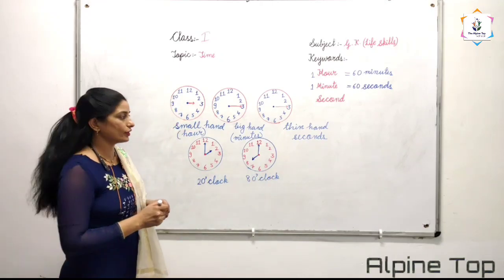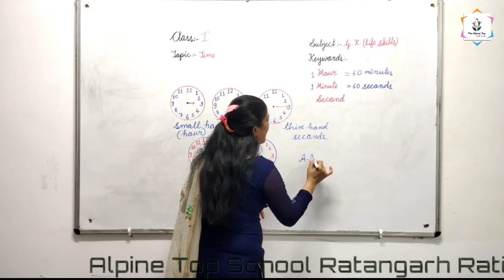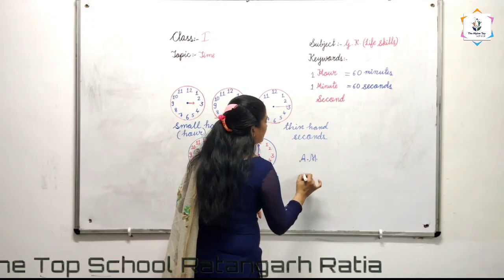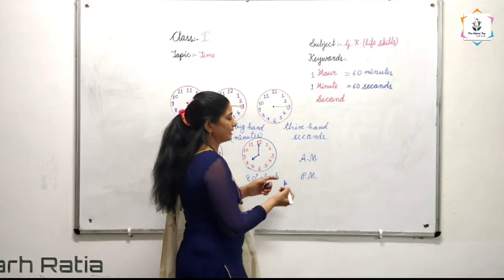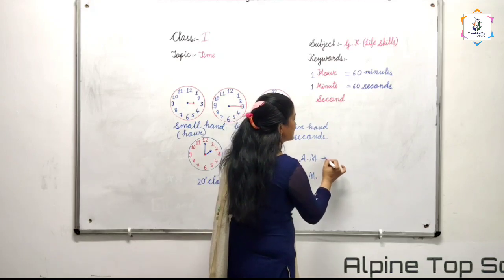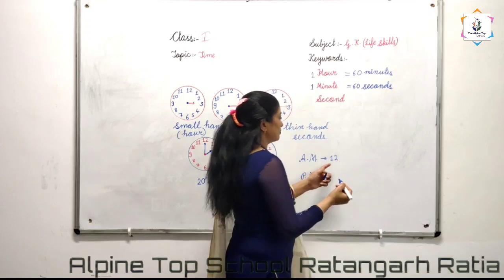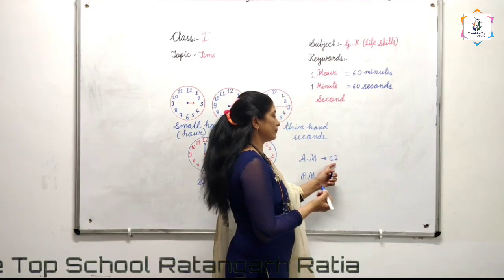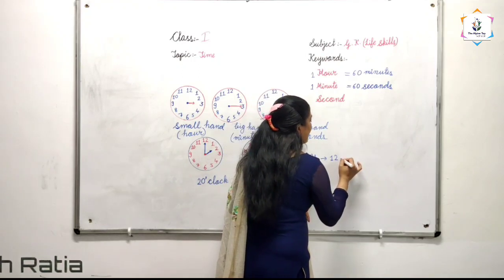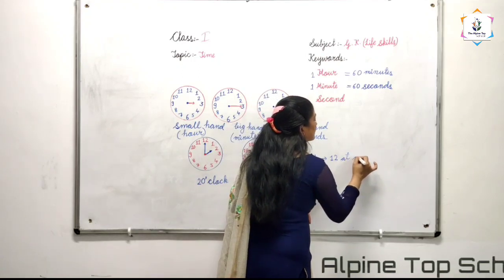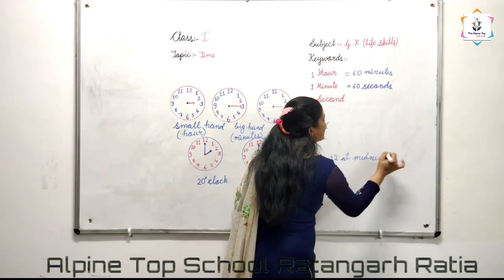Now there is one more term that we have to learn, that is AM and PM. AM means anti-meridian, and it is used before 12 o'clock of noon.